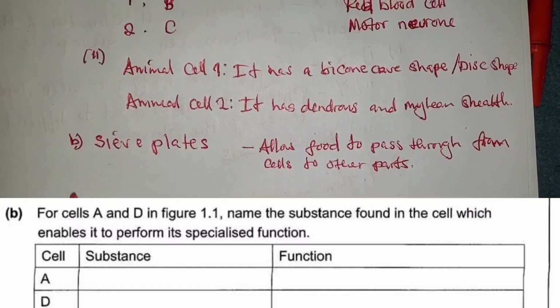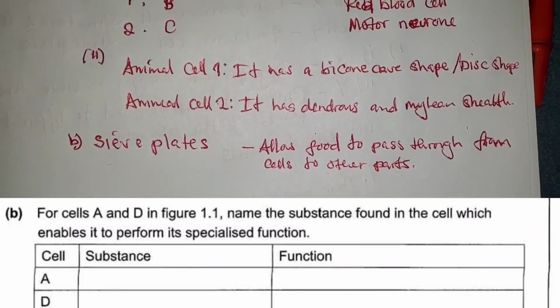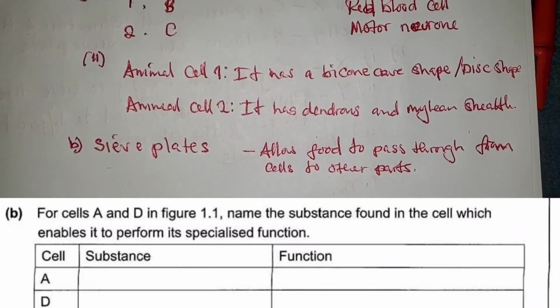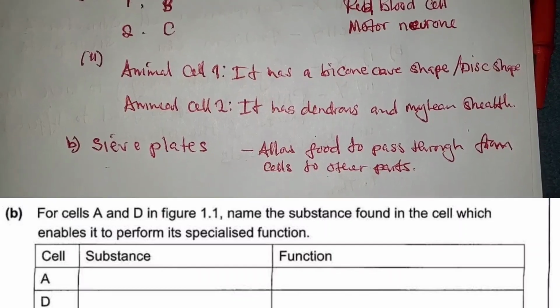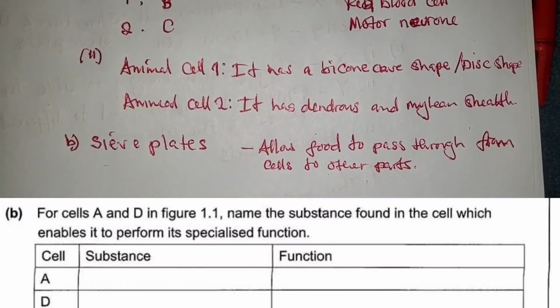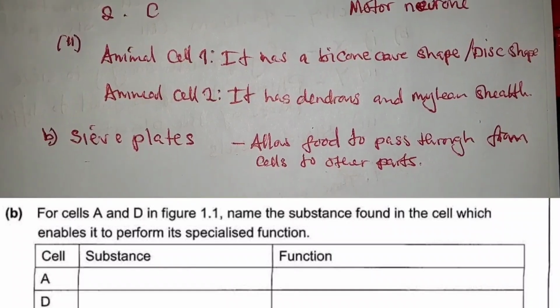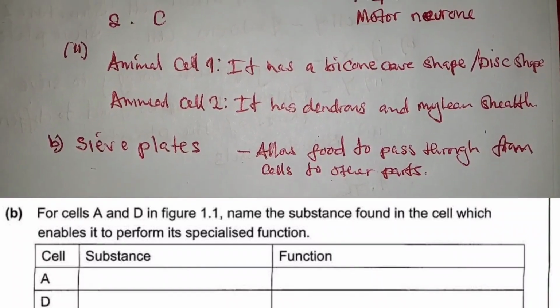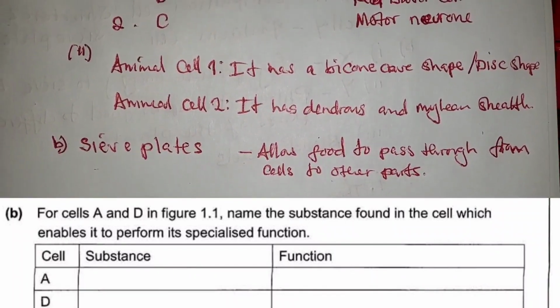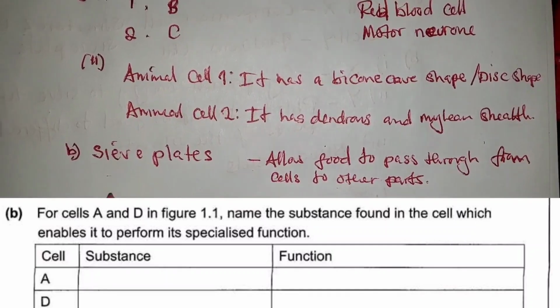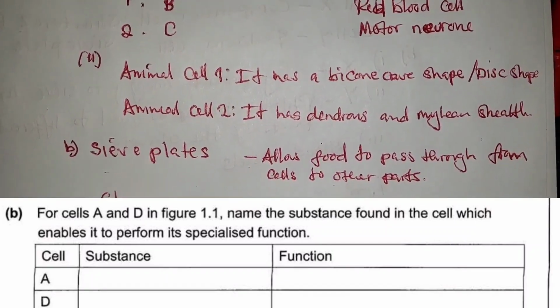So this is A. For B, you have a palisade cell. What makes it perform its function? There are a lot of parts. You can say a cell wall, you can say chloroplast. Now let's just use chloroplast.